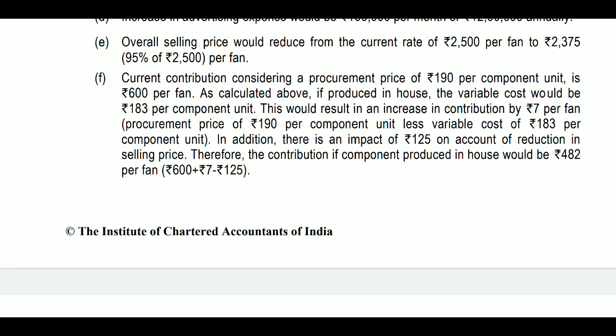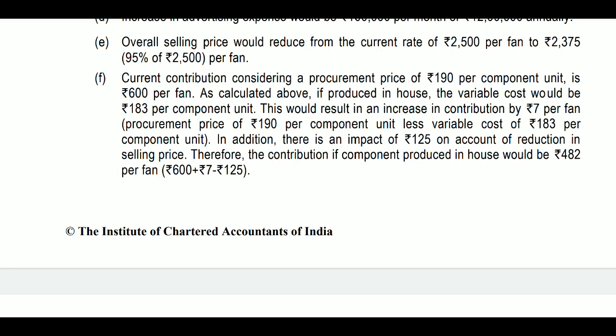So if you purchase the product, then the contribution will be 600 rupees, as provided or as calculated above. If you produce, the variable cost is 183, which is the cost they manufactured. This would result in an increase in contribution by 7 rupees per fan.